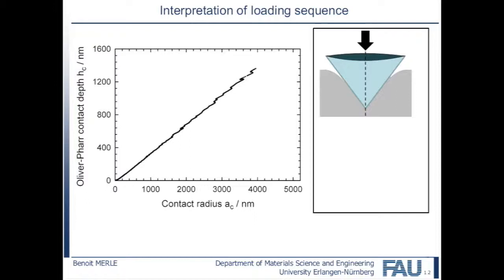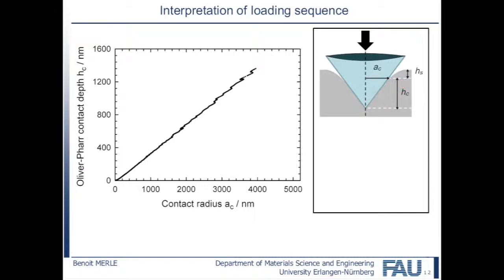What happens during loading? When we press an indenter on the surface, it creates a sinking of the surface around the indenter. That's what you can see here. It's usually called HS. And what you can also see on the schematics is that you can describe the contact between the indenter and the material by defining the contact radius, AC, here, and the contact depth, HC.